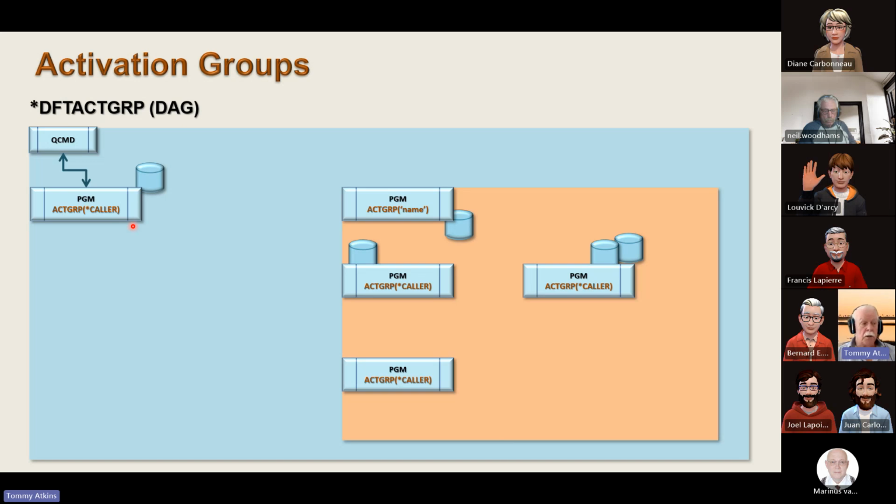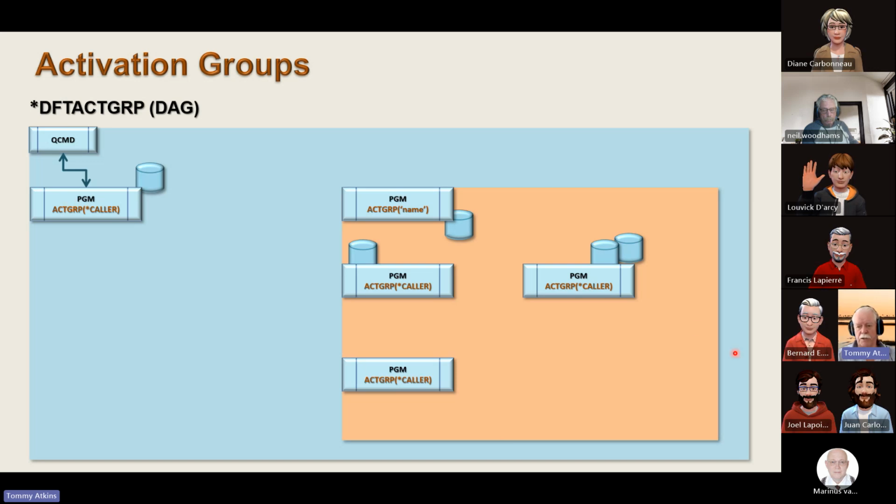So you could create one activation group and run everything for the job in one activation group. Yes, not a problem. And a lot of people start that way. But you still take responsibility for commitment control, for rollbacks, etc. Unless you send a message back there to say, escape, abandon this activation group, and then it will close it all down for you.